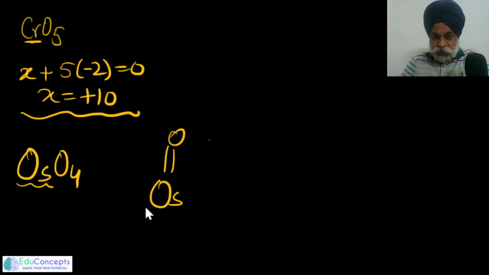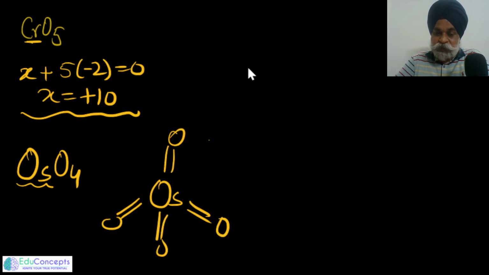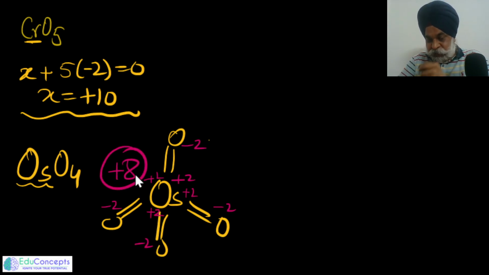Here the oxidation state of osmium reaches plus 8, because from here plus 2 minus 2 plus 2 minus 2 plus 2, since osmium is a metal and oxygen is a more electronegative non-metal. So the maximum oxidation state for any element is plus 8. It would never go beyond plus 8. So this oxidation state is wrong.